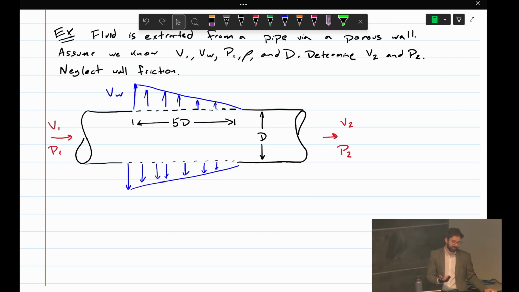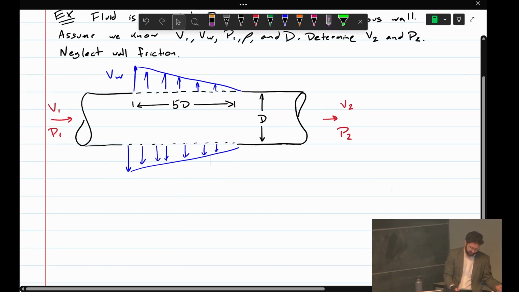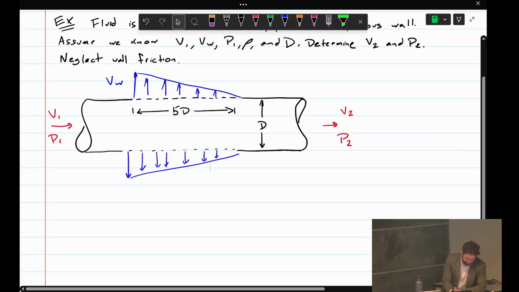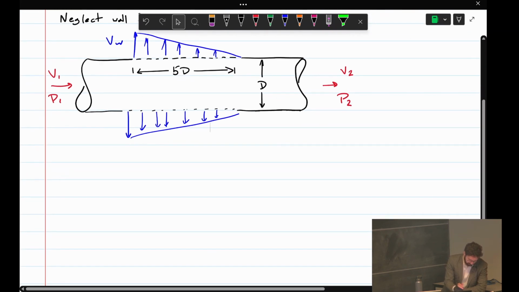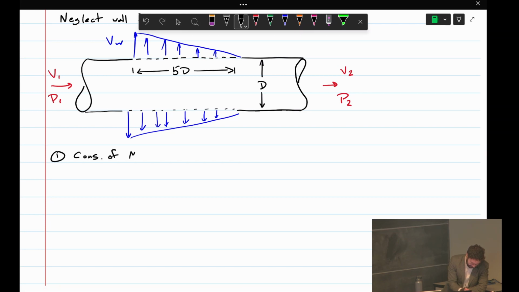If the outlet was uniform flow, we could basically just do m dot v for our conservation of momentum, but it's not. So the steps in this problem: first, use conservation of mass to determine V2.